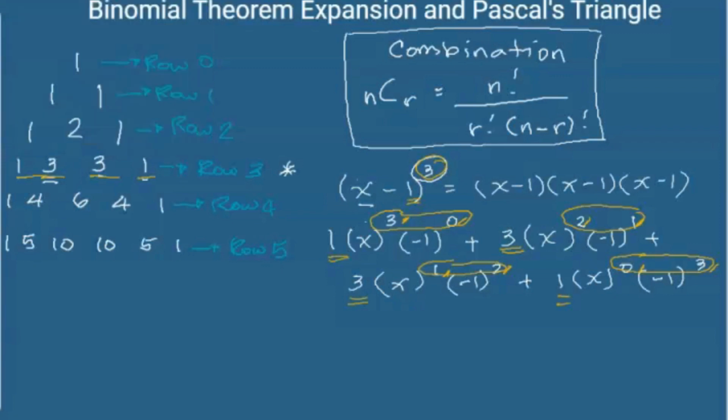Okay, let's simplify this. So 1 times x cubed is x cubed. Negative 1 raised to the 0 power is equal to 1.